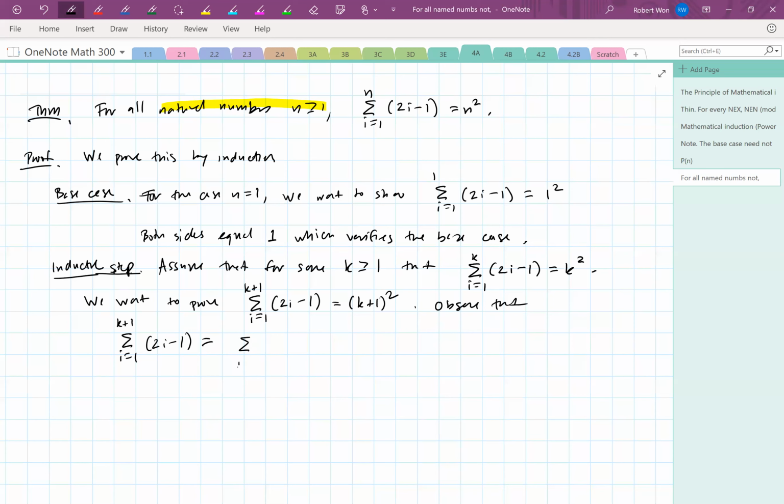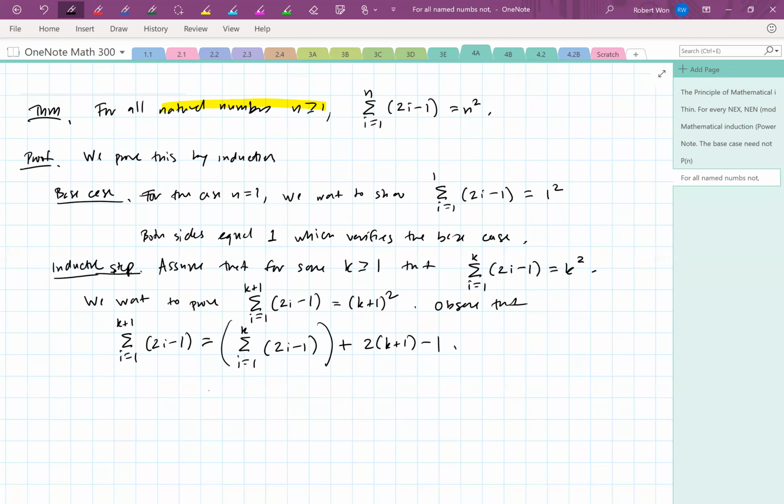So I can add up the first k terms, and then I can add the k plus first term. What is the k plus first term? It's 2 times k plus 1 minus 1. That's the k plus first term. So all I've done is I've just broken the sum up into the sum of the first k and then the last thing on the list.